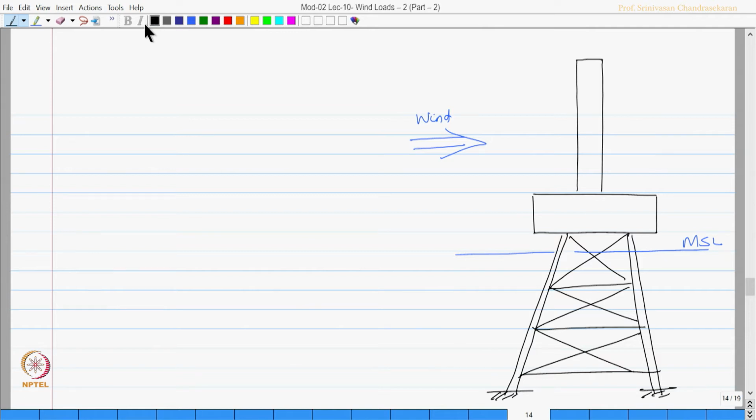And this height is 10 meters, and the diameter is 3 meters, and this is the deck. The deck is 15 meter by 15 meter, and the height of the deck is 4 meters.